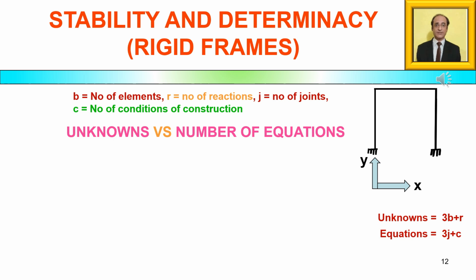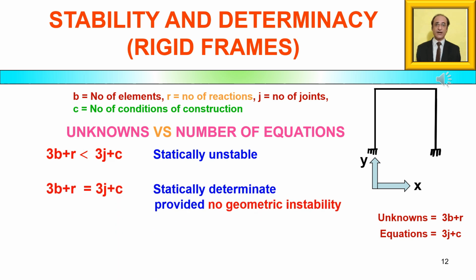So based on these, we can frame the rules that if 3b plus r is less than 3j plus c, the structure will be statically unstable. On the other hand, if the two are equal, then the structure will be statically determinate provided there is no geometric instability.